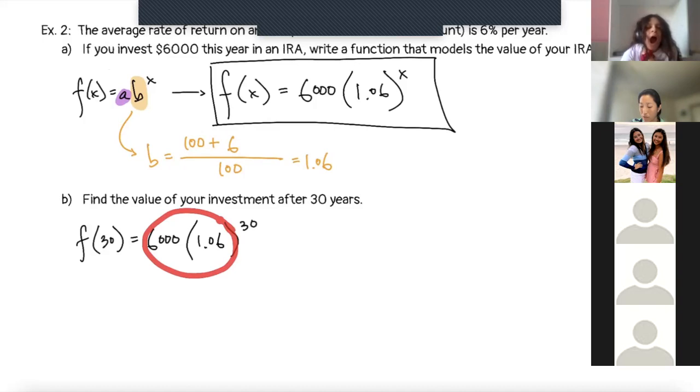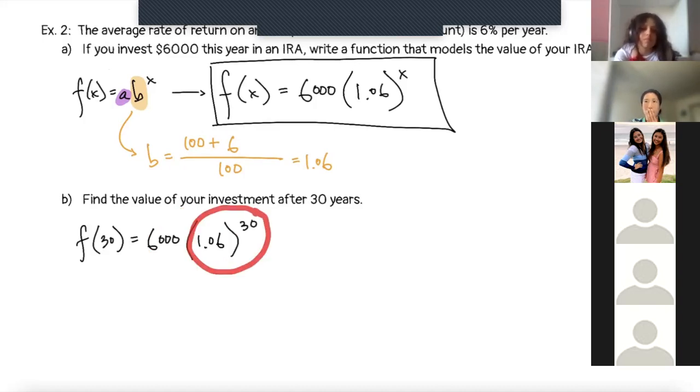Or would we do 1.06 to the 30th? Which one would we do first? Exponent. Yeah, we would do the exponent first, right? And so Desmos takes care of that for us, but I don't want us to forget, in case we're ever using a different calculator, we need to do the exponent first and then multiply our 6,000, right?